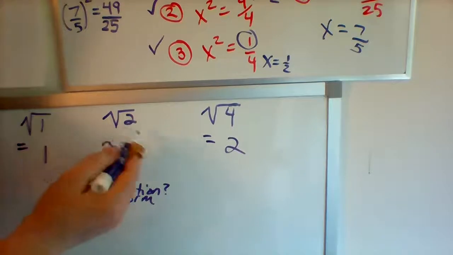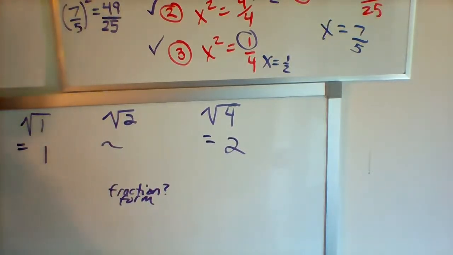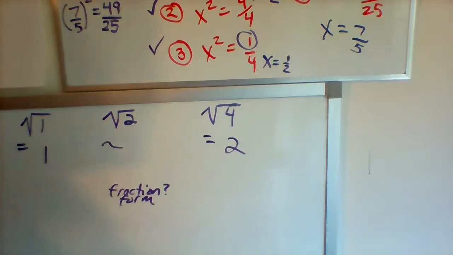And also, what do you kind of notice too? Anybody? What do we want to approximate this one to be?